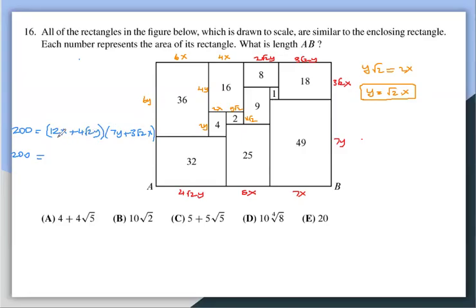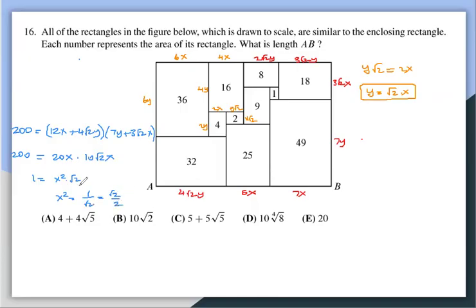That will be 8x plus 12 is going to be 20x. And then this is going to be 7 root 2 plus 3 root 2, which is 10 root 2 x. So 200 times 10, 200 cancels 200, and you get x squared times root 2 equals 1.